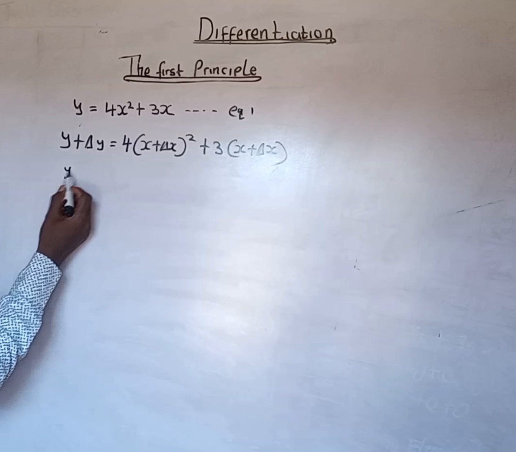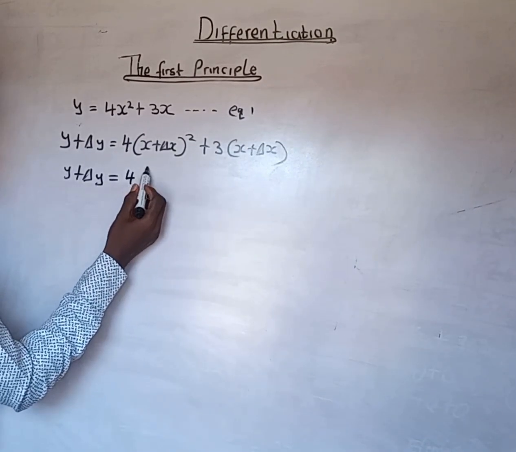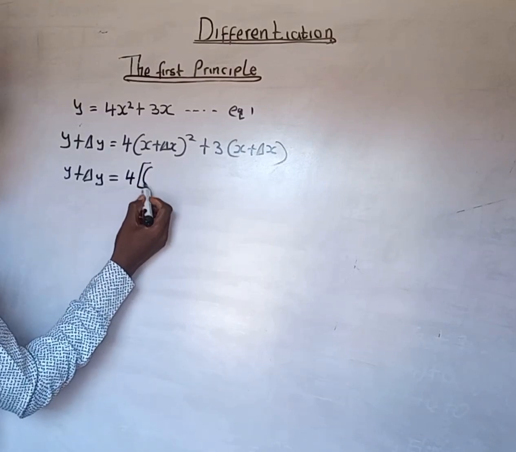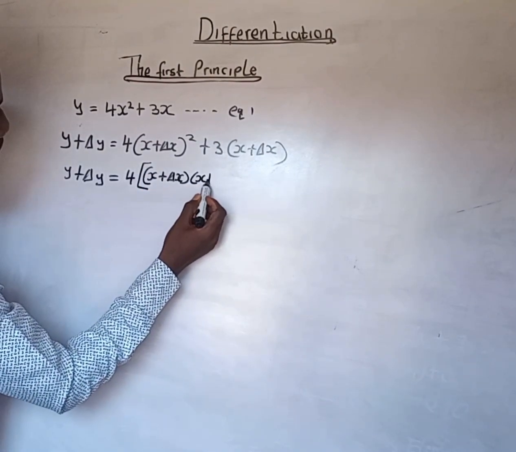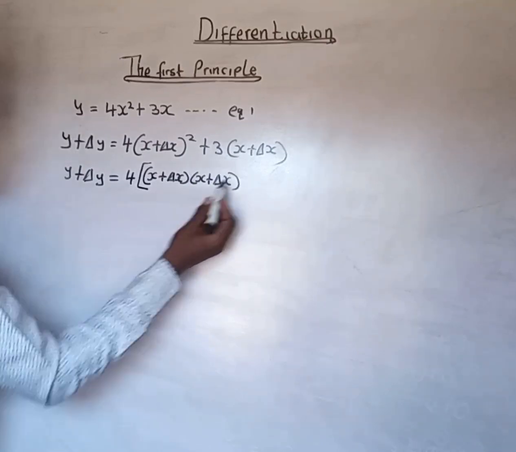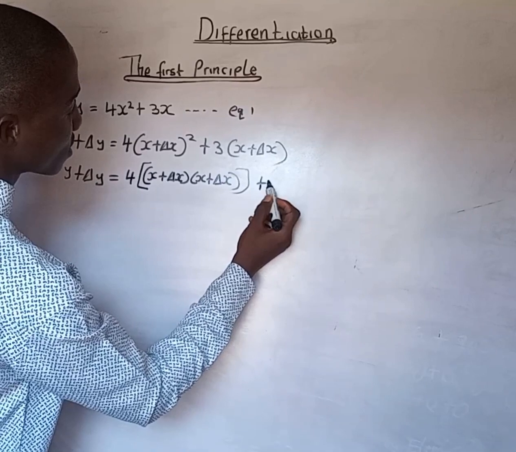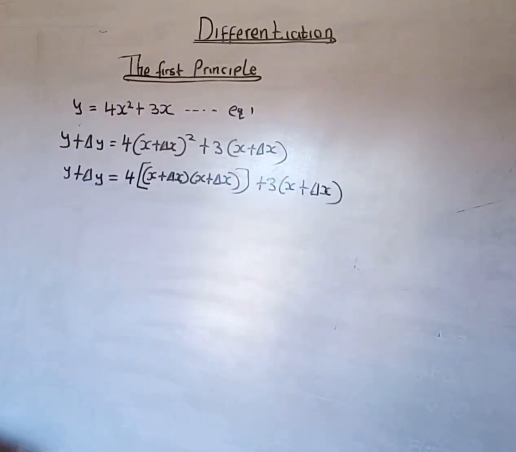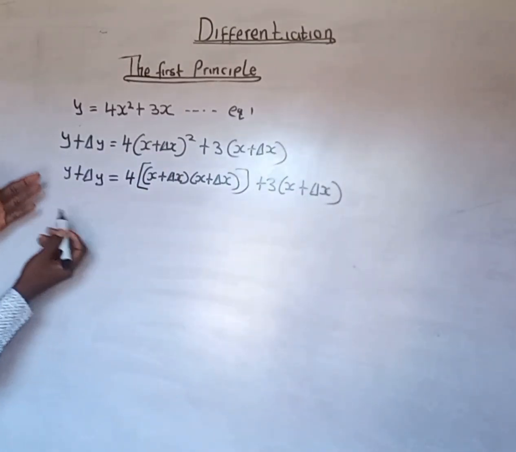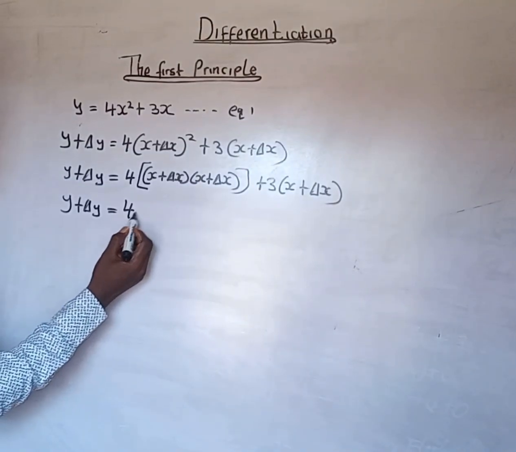So I'm going to be having y plus delta y is equal to 4 into bracket, let me put this larger bracket, x plus delta x, then x plus delta x. Let me put this bracket again. So for the next one, I'm going to be having plus 3 into bracket x plus delta x. You can see I've already expanded this. Now let's proceed to the next line. I'm going to be having y plus delta y is equal to 4 into bracket.